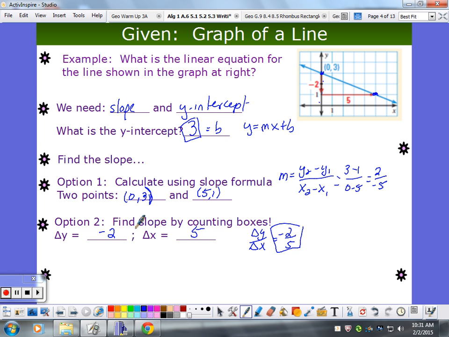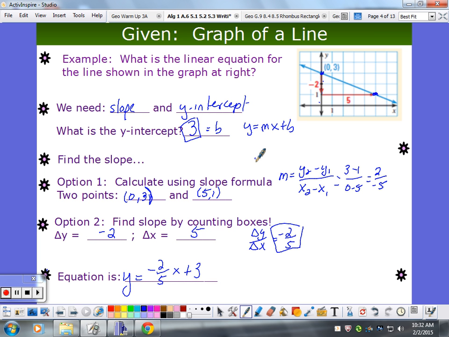What's the equation of this line? Y equals -2/5 x plus 3. Yeah, that's it. How hard is this? Easy. Y equals mx plus b. If it's the graph of a line, find the slope by analyzing that line, and find b just by looking at the y-intercept.